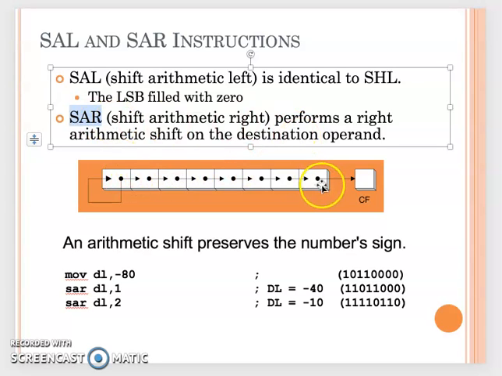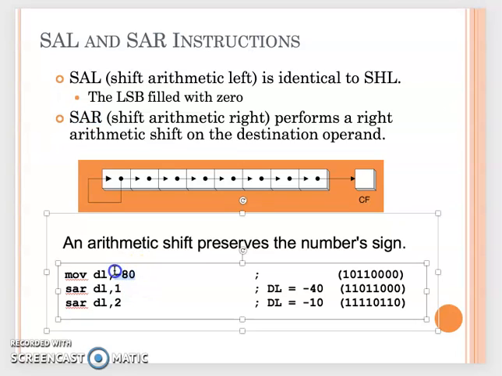So the least significant bit still goes to the carry flag. But when the most significant bit opens up, it is filled with the original sign bit. So when you have your DL equal to negative 80, and you are working with signed values and want to do the shift, then you need to use SAL or SAR.